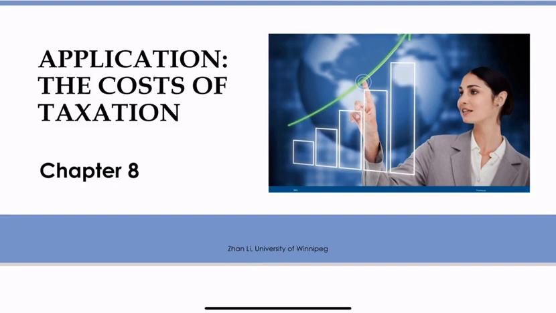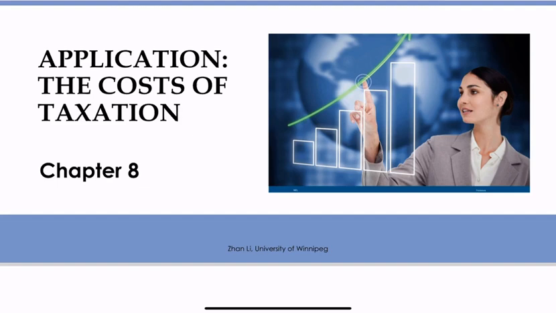And further, we also found out that how this tax burden is shared depends on the elasticities of the demand curve and supply curve. And in that case, we basically have another result. That is, once you charge tax, the tax will put a wedge between the demand and the supply.